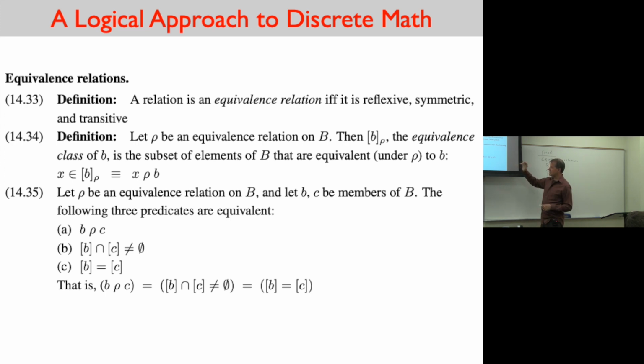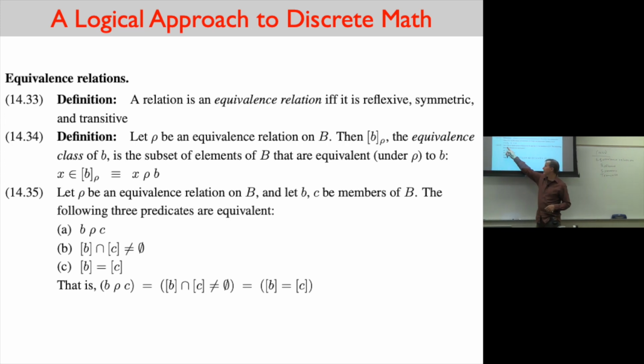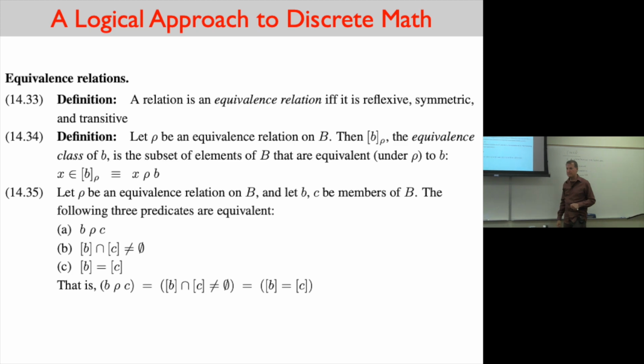It is the subset of elements of big B that are equivalent to little b. So take a look at this definition. It says x is an element of the equivalence class of b. The way we say this is: x is equivalent to b, x rho b, x is related to b.